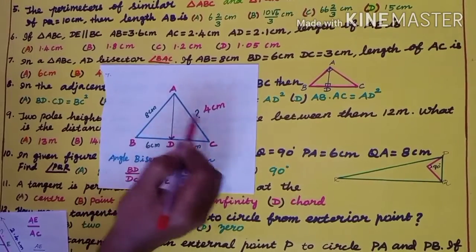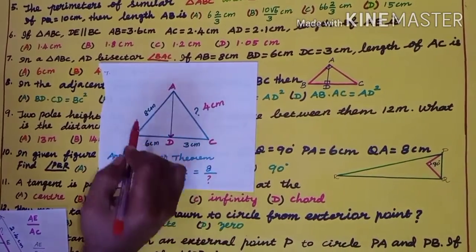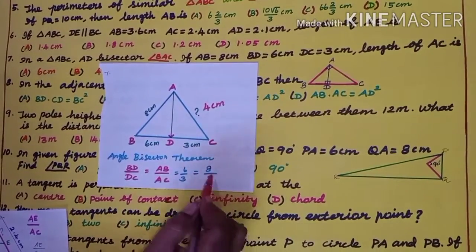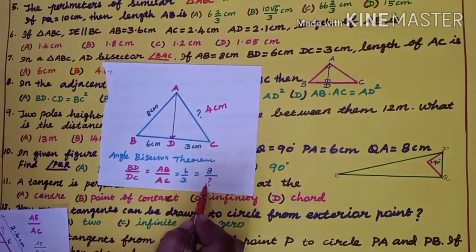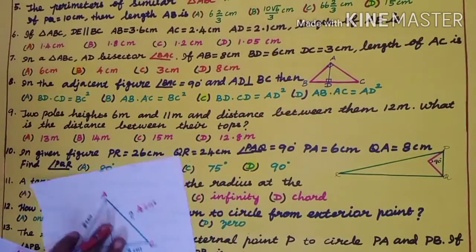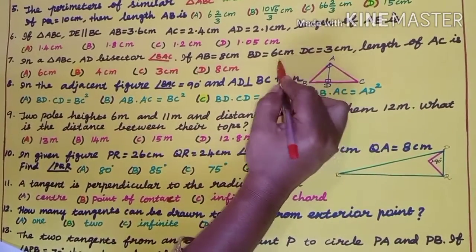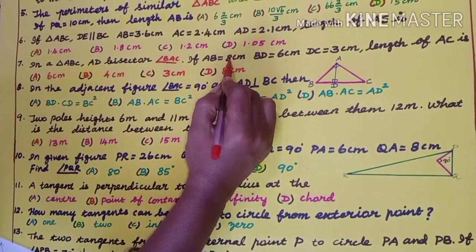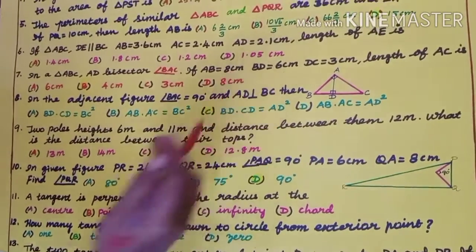So that also is in the ratio of 2 times. 8 is given, so 2 times lesser is 4. 4 is your answer. Here BD by DC is 2 times, and AB is also 2 times AC. So 4 and 8 are correct.